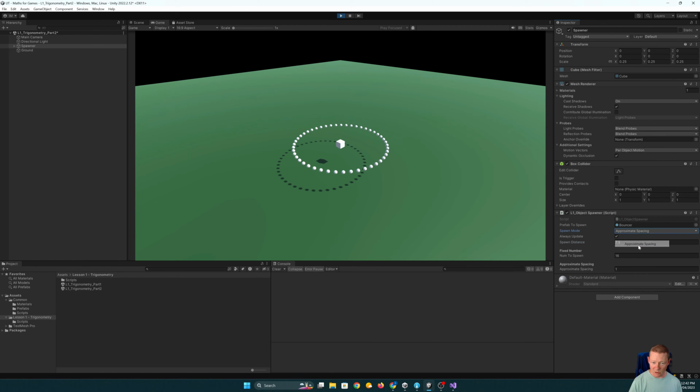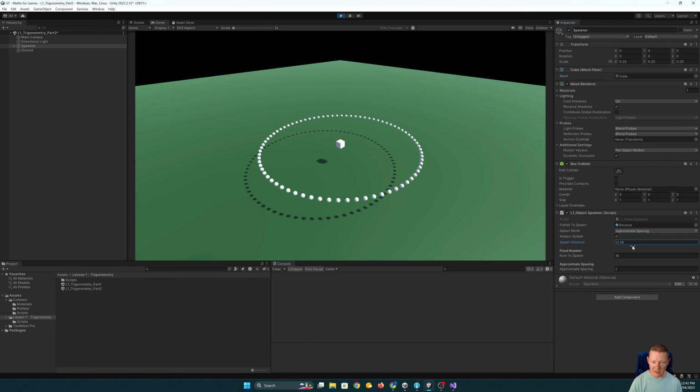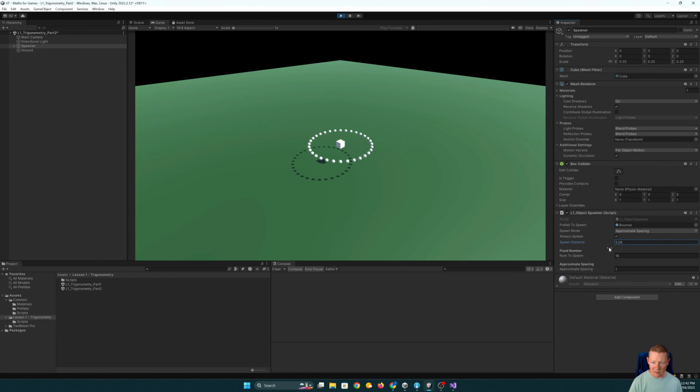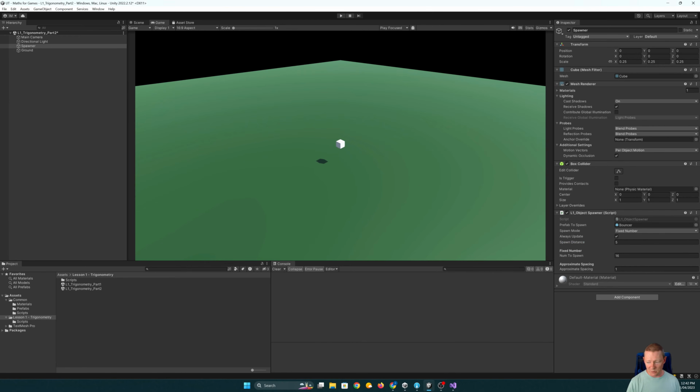If I change that to approximate spacing, then that works out much, much better. As we get to smaller and smaller distances, we have fewer objects. So that's pretty cool. We've got these things appearing at locations we need in the world, so really handy for scattering things around.